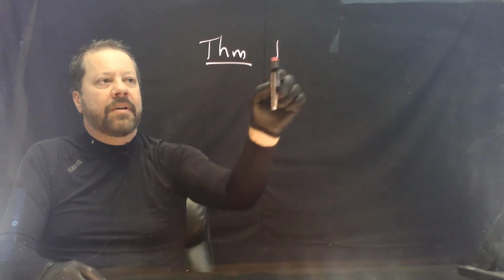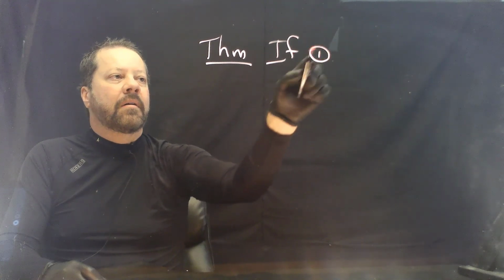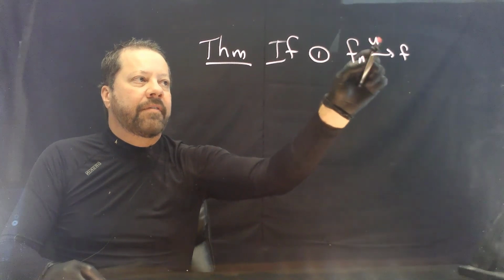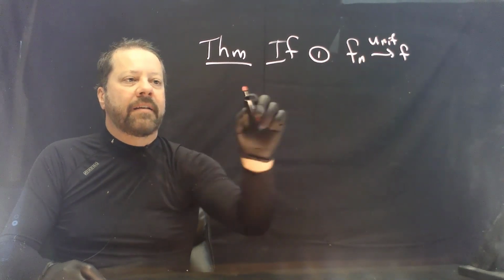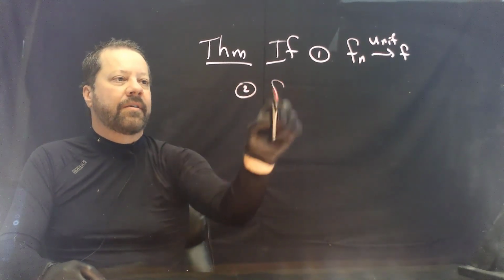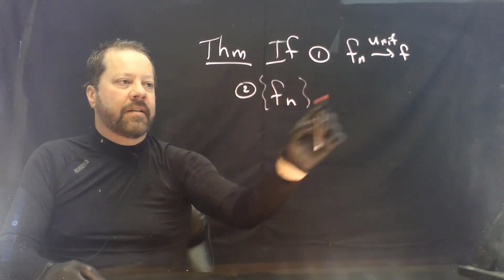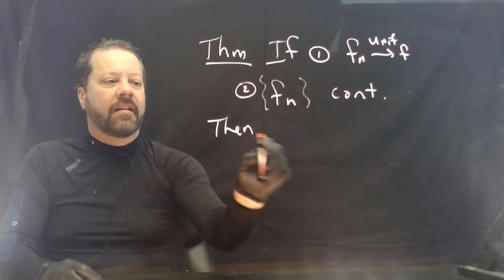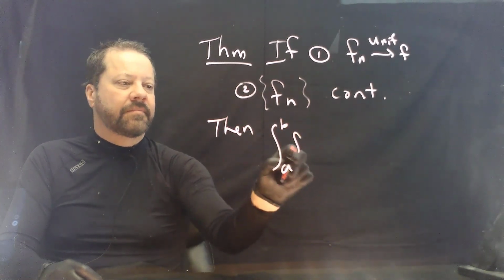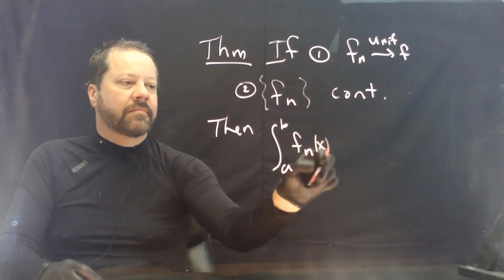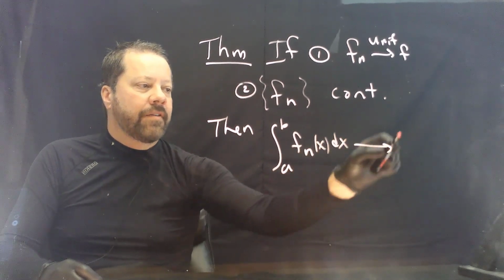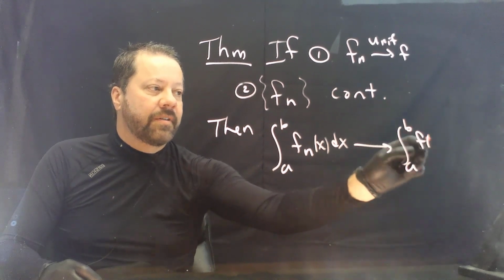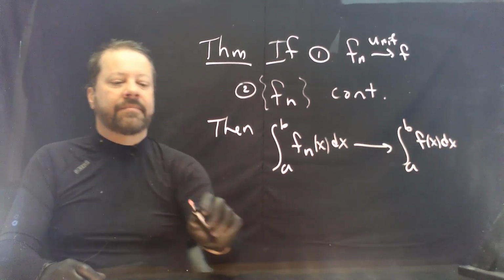Let's suppose that Fn converges to f uniformly, and also these are continuous. Then the integral converges, as a sequence of numbers, to the integral of the limit.